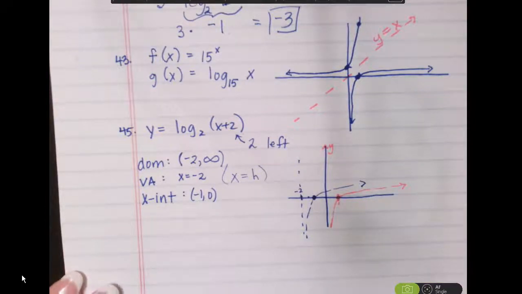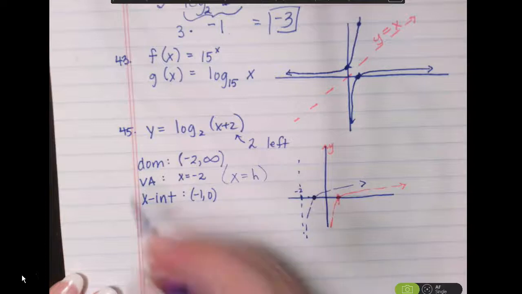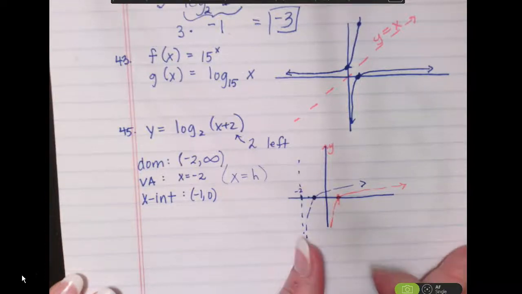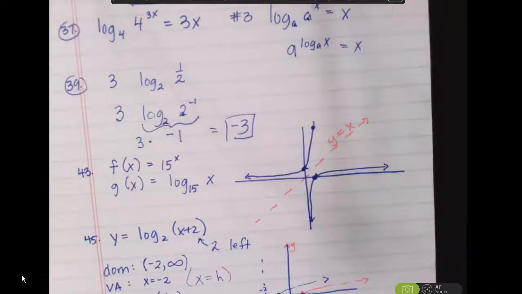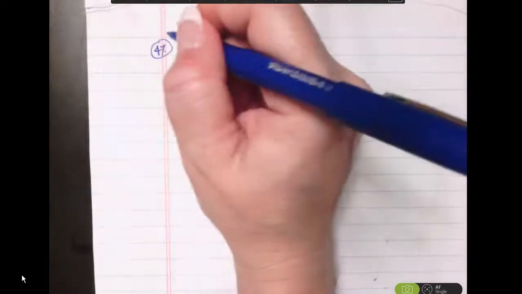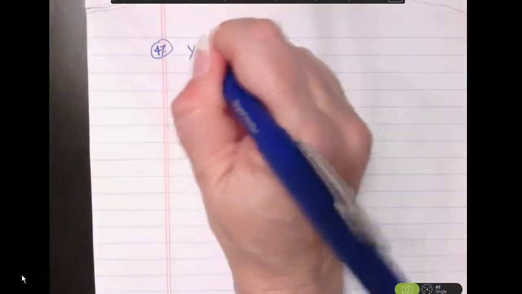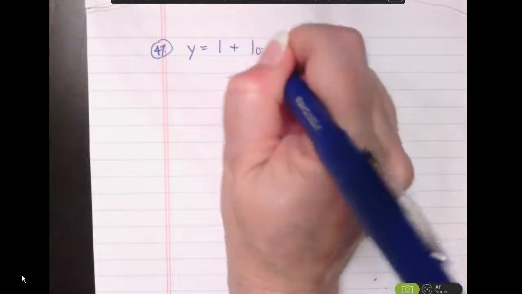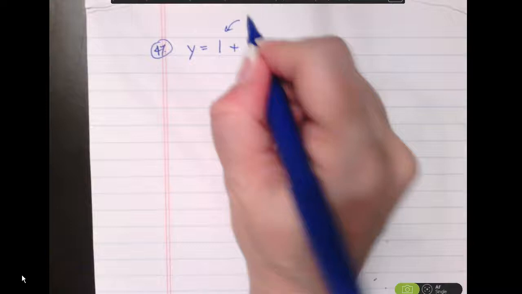In number 47, I'm going to start a new paper because it looks like I have a bunch of graphs to worry about here. Alright, in 47, I get 1 plus log base 2 of x. So this is our k value.